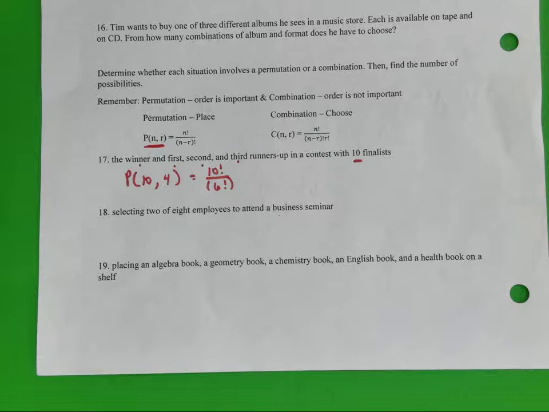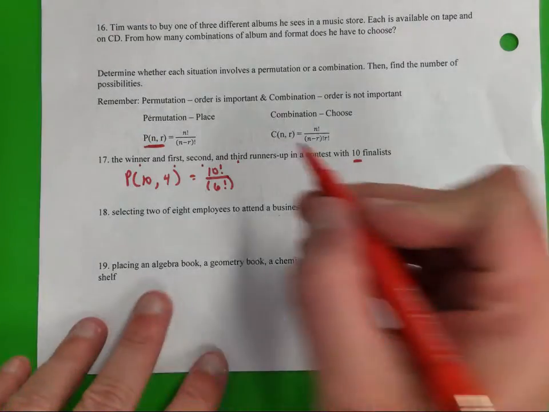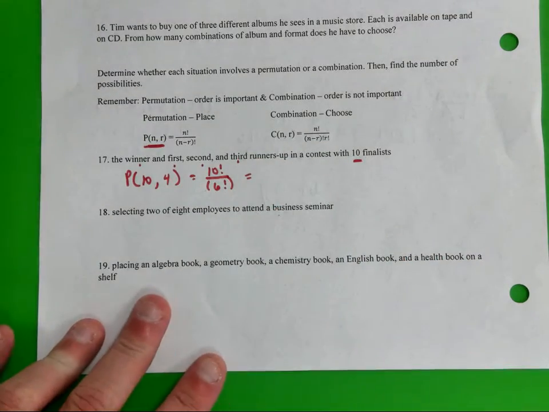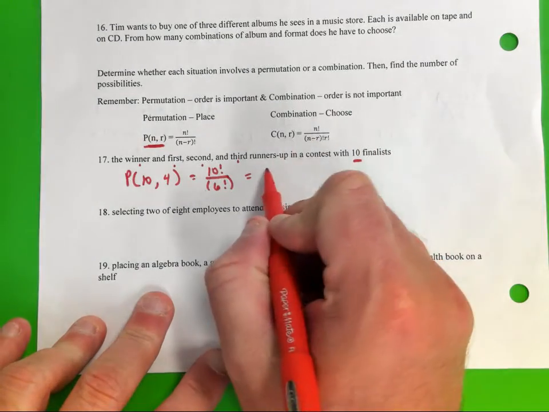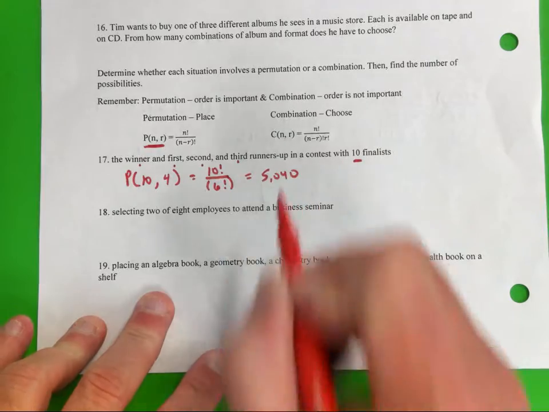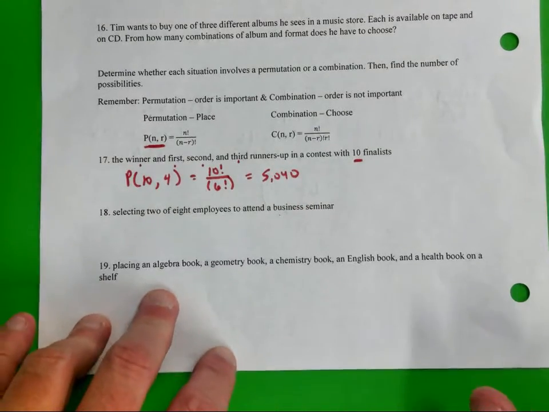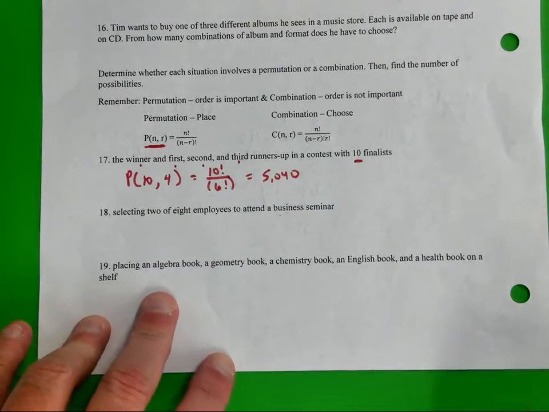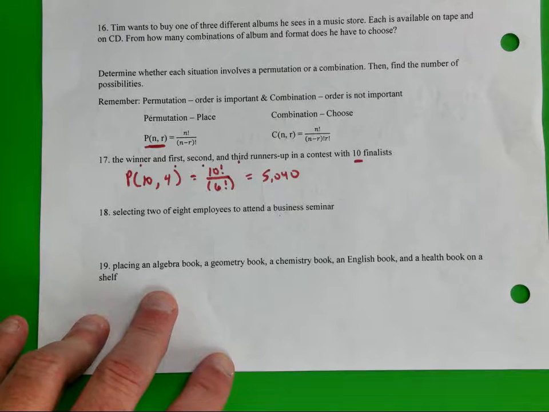I could do 10 times 9 times 8 times 7 and stop there because the 6s will cancel out. So do that right now. Tell me what you get. 5,040 different ways I could have in this situation. That's quicker than drawing all that out, isn't it?